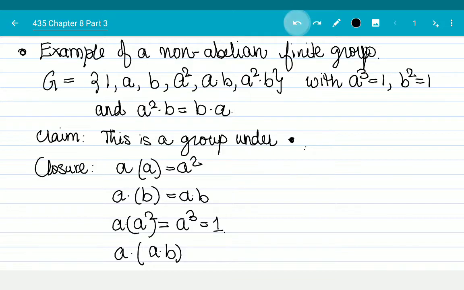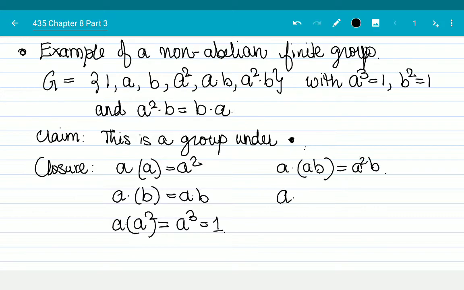A times ab is equal to a squared b. A times a squared b is equal to a cubed b, which is equal to 1 times b, which is equal to b. And a times 1 is equal to 1.